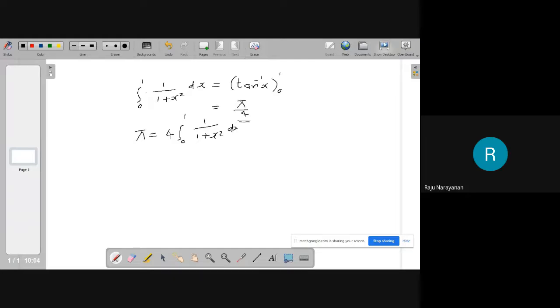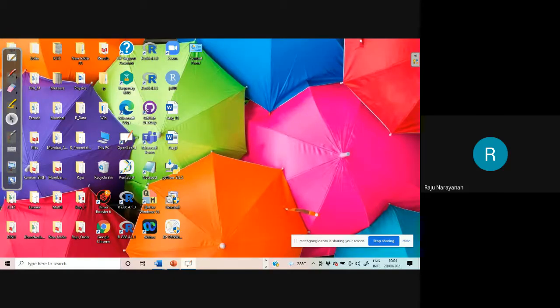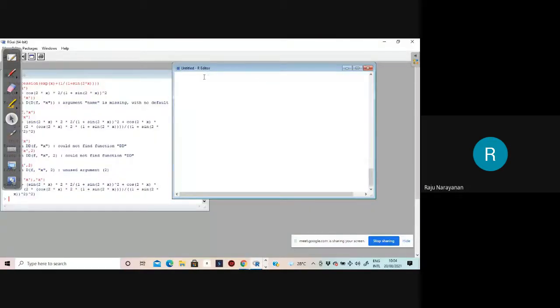And you go this one. First, you have to define the function. That is f is equal to function as user defined function x.